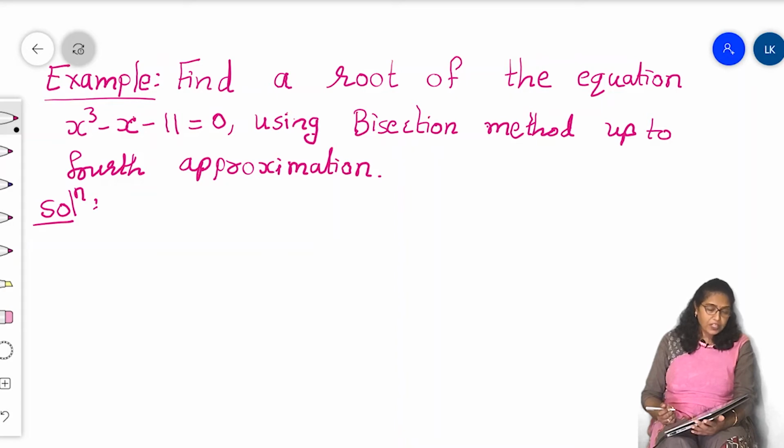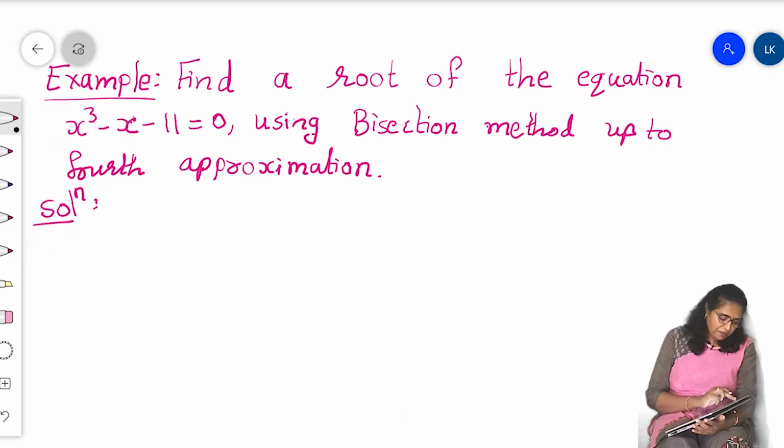Find a root of the equation x cube minus x minus 11 equal to 0 up to fourth approximation. First, we define f of x. F of x equal to x cube minus x minus 11.